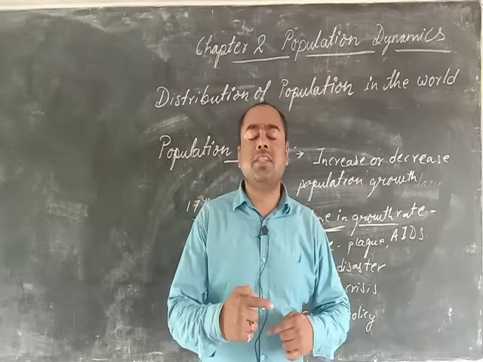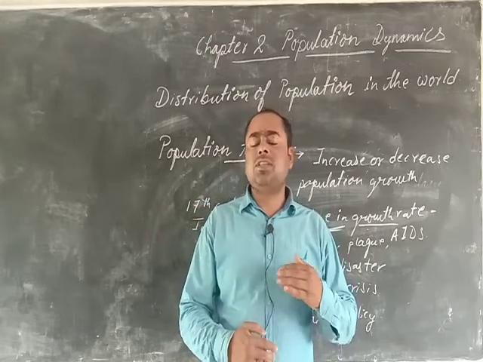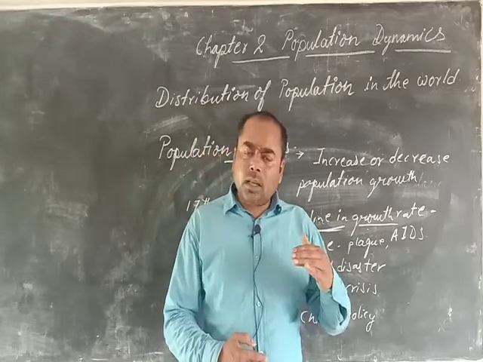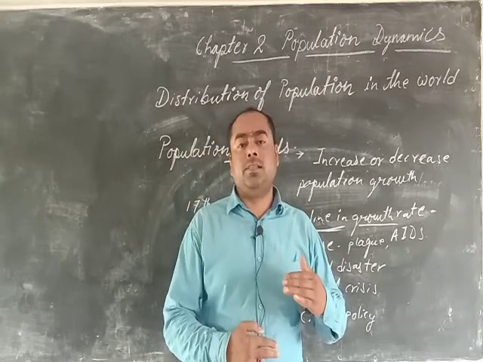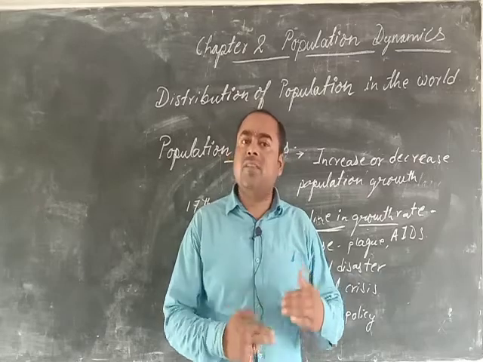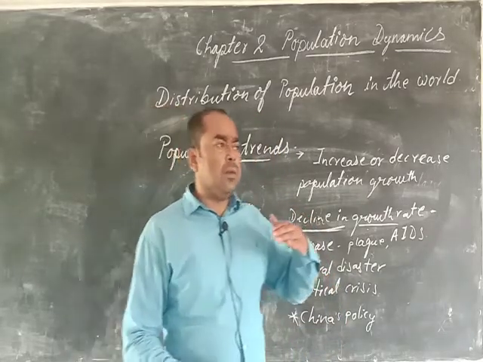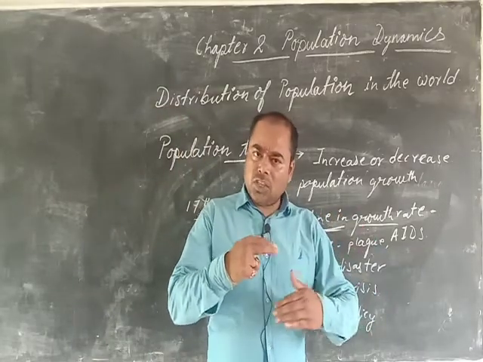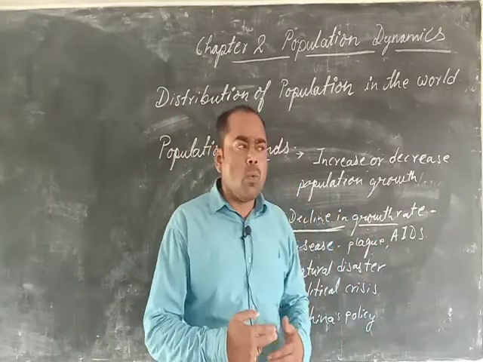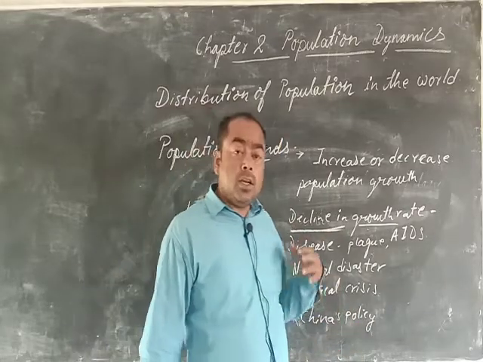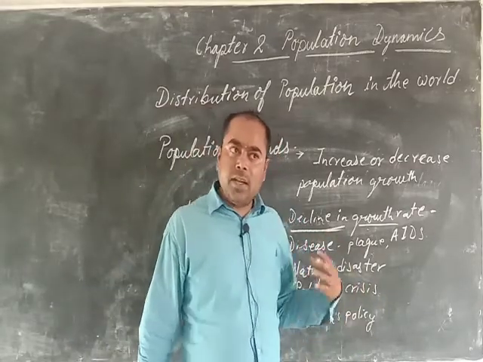Population is increasing. Now there are many reasons in the 17th century. Okay, all of a sudden the population growth increased because of all these good medical facilities. Now after the 17th century, all of a sudden the population growth was declining. Why? Because of a number of reasons. Number one is diseases. Diseases such as pandemics.